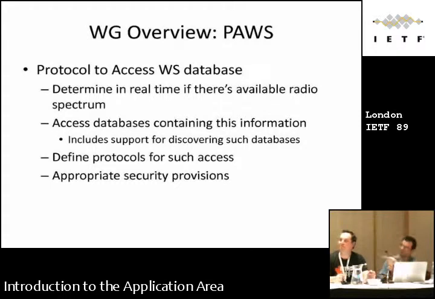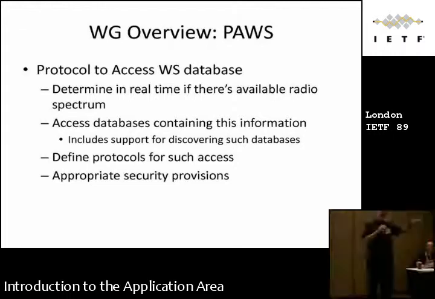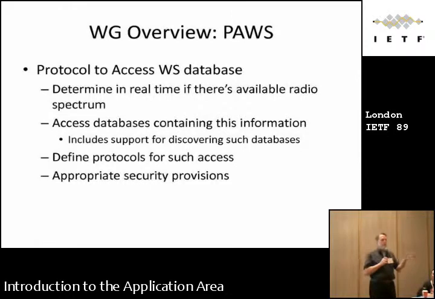Right. The idea of white space is that there's spectrum allocated for broadcast use, commercial use, whatever. It's not in any particular area, not all of the spectrum is in use. So the idea is that you can take unused parts of the spectrum in the area that you need to use it in and request sort of a lease on it, with the idea that you'll be stepped on by proper usage if it happens.